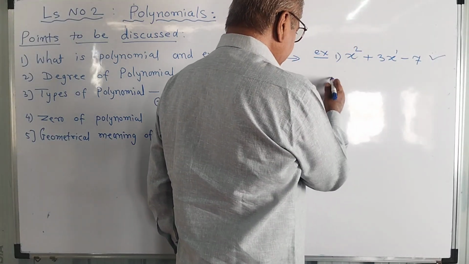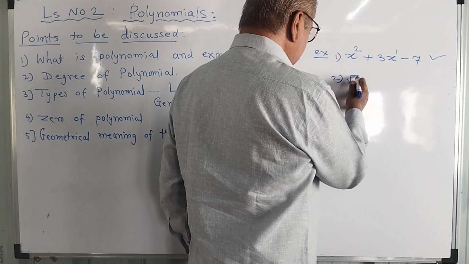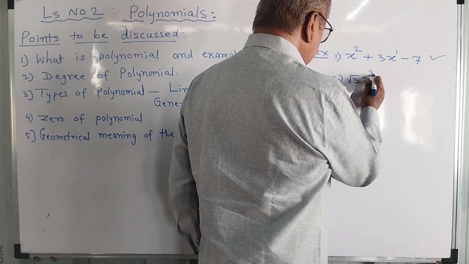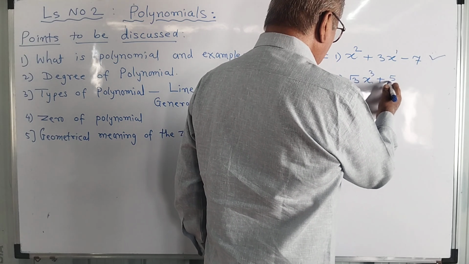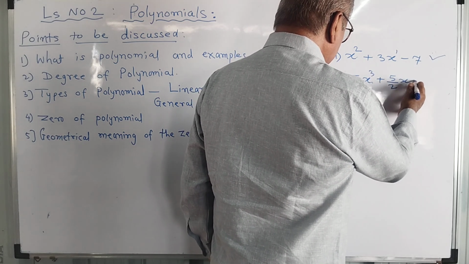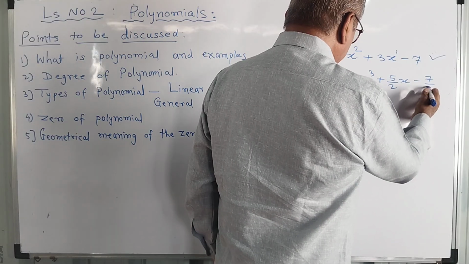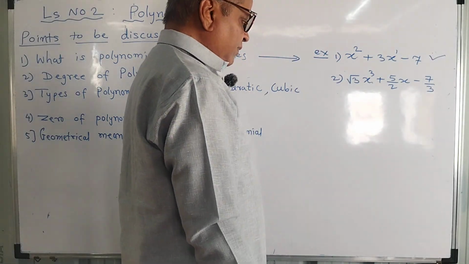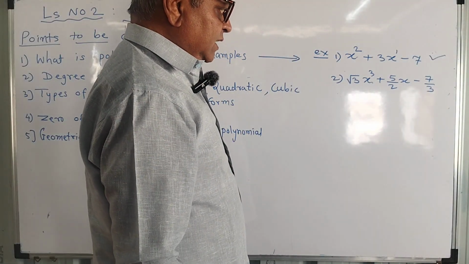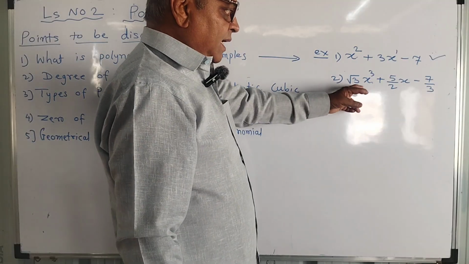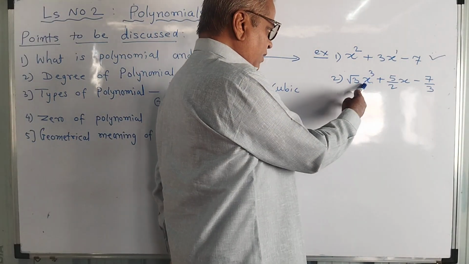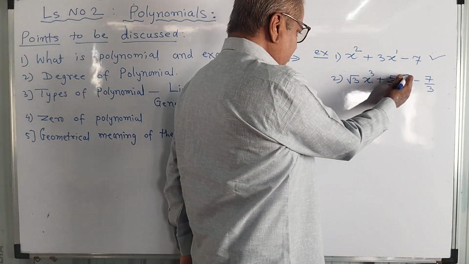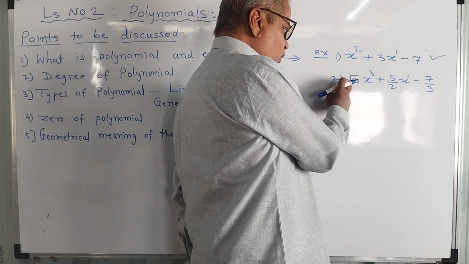One more example, root 3 x cube plus 5 upon 2 x minus 7 upon 3. So look at the power of the variable, each power, प्रत्येक variable ची power बघा. x ची power आहे 3, इथे x ची power आहे 1, कोइफिशियंट root 3 आहे.